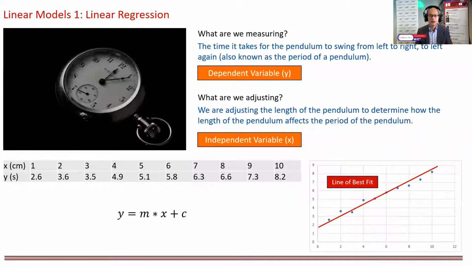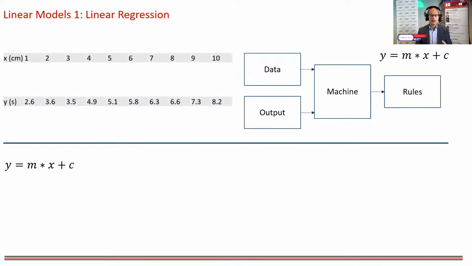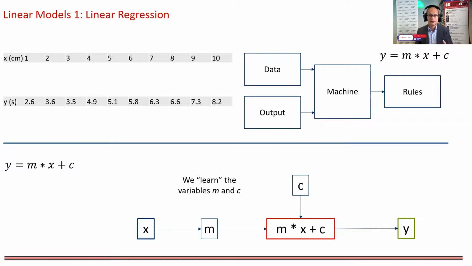And from there, we build on deep learning so-called techniques. So if we dovetail back to what we talked about earlier about machine learning, the data is my first row, which is my varying length of the pendulum. And my output is the period of my pendulum. So the first is my independent variable, and the output is my dependent variable. And I use it to generate the rules, which is y equals mx plus c.